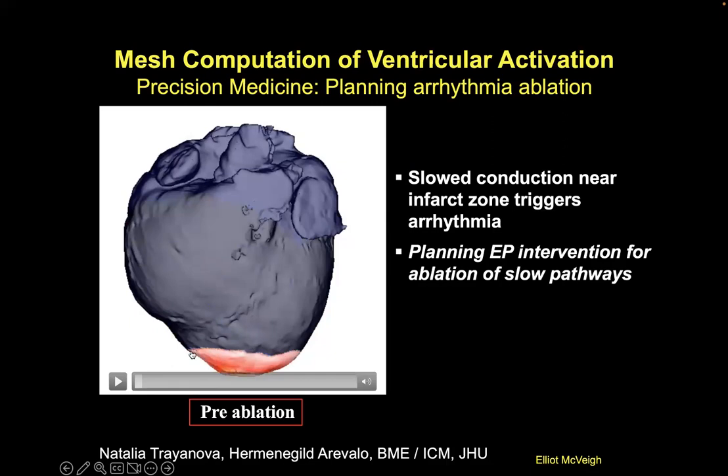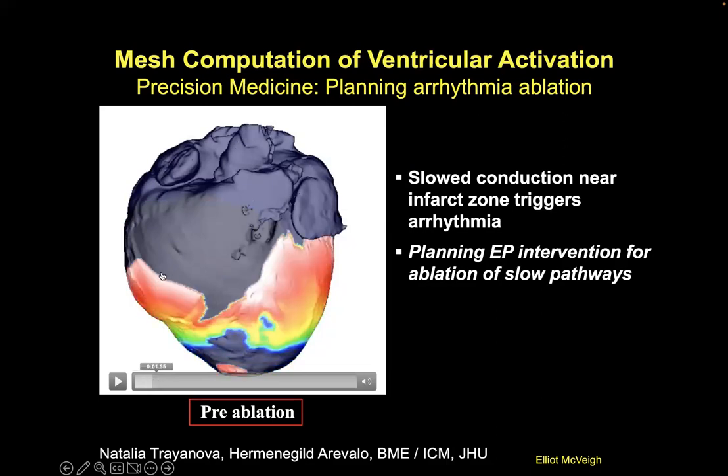The color here represents the wavefront of depolarization through the tissue from the pacing site. So the tissue up here hasn't depolarized yet. This is the wavefront of the depolarization moving through the tissue. As it moves towards the base of the heart, you can see that the wavefront gets distorted by the fact that there is an infarct here, and it's a mixed infarct with normal tissue.